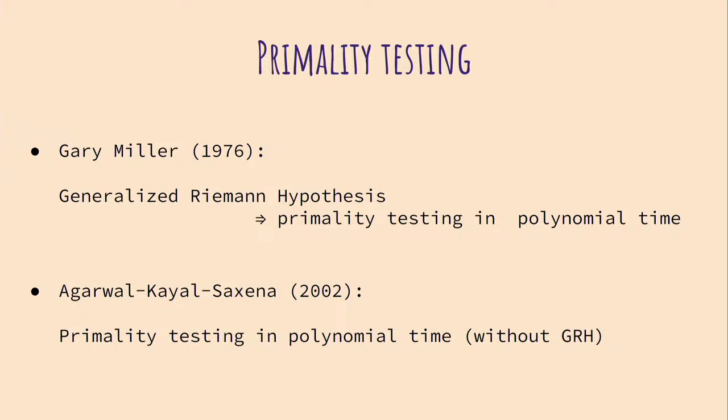However, long before that, the generalized Riemann hypothesis in fact implied that this can be done in polynomial time. So this is one of the examples where the Riemann hypothesis had already implied something which took a long time to be proved unconditionally.